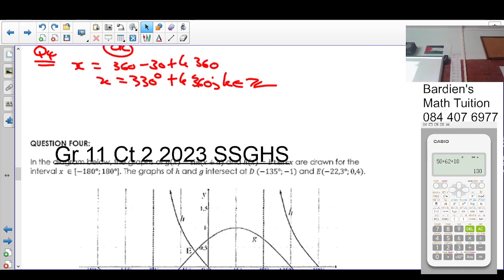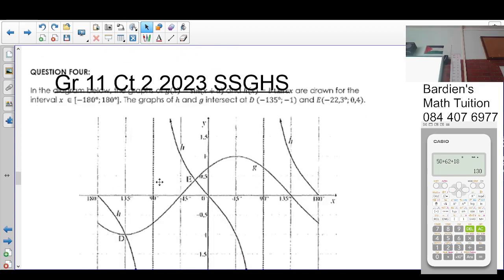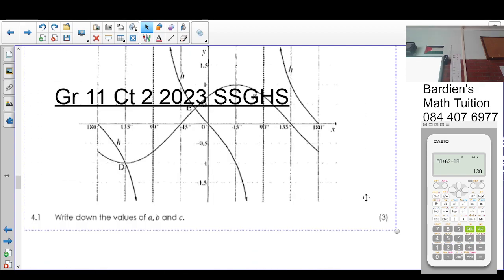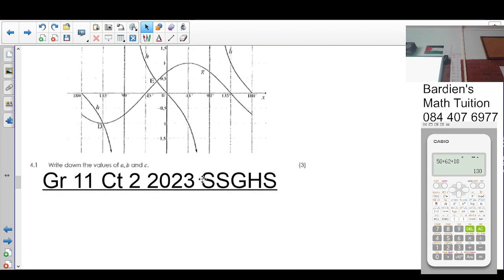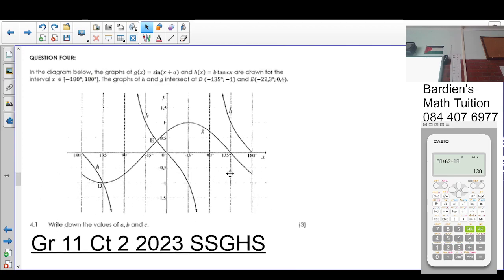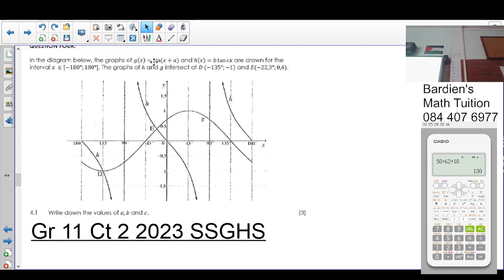Okay, so now we're looking at question 4. In the diagram below, the graph of g of x equal to sine of x plus a, so this is horizontal shifting, and h of x equal to b tan cx are drawn for the interval x is an element of negative 180 to 180.